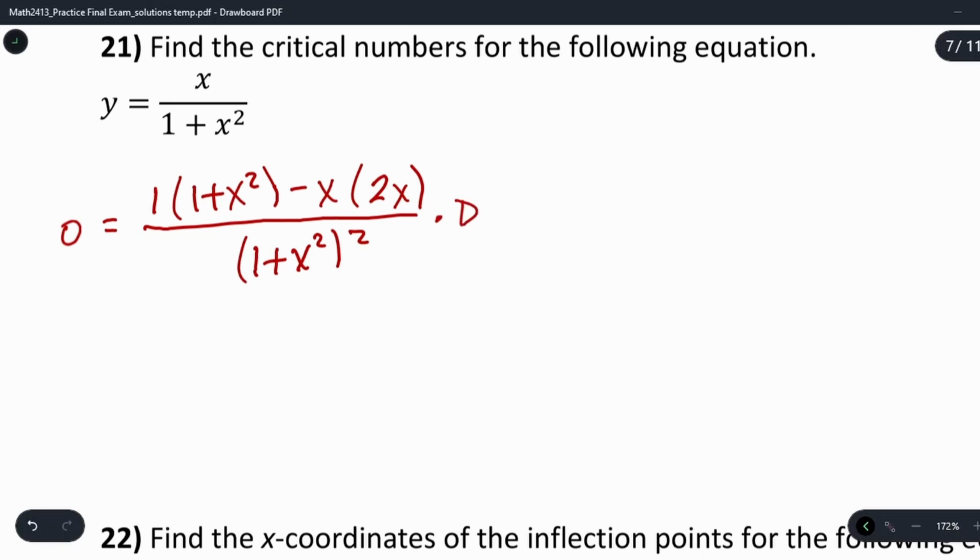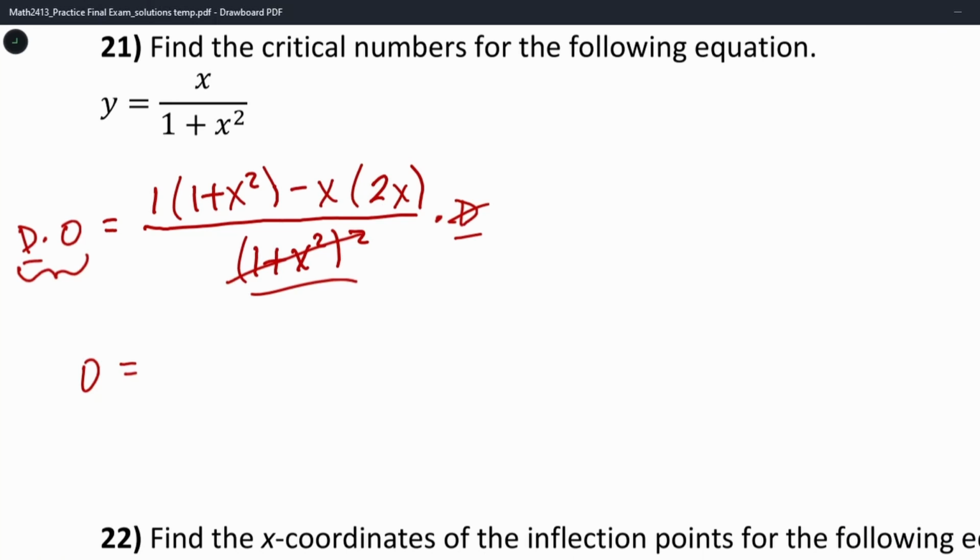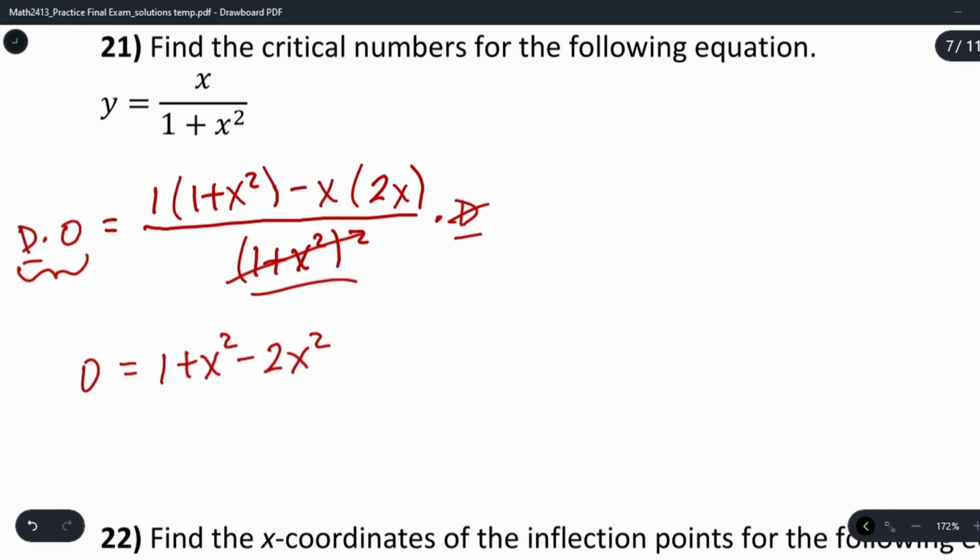Notice if I multiply both sides by the denominator, here instead of recopying all this, I'm just going to say d for denominator. If I multiply both sides by the denominator, it will cancel, and over here we still have 0. So really we're just concerned with where the numerator equals 0. If I simplify the numerator, we're going to have 1 plus x squared minus 2x squared.